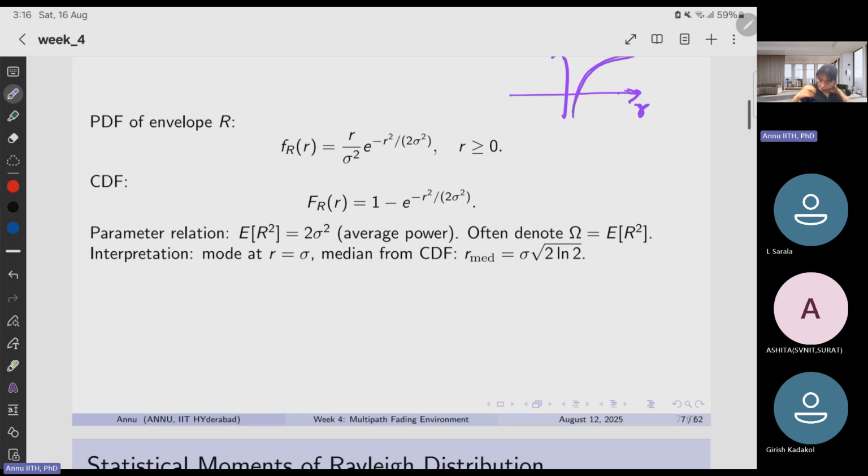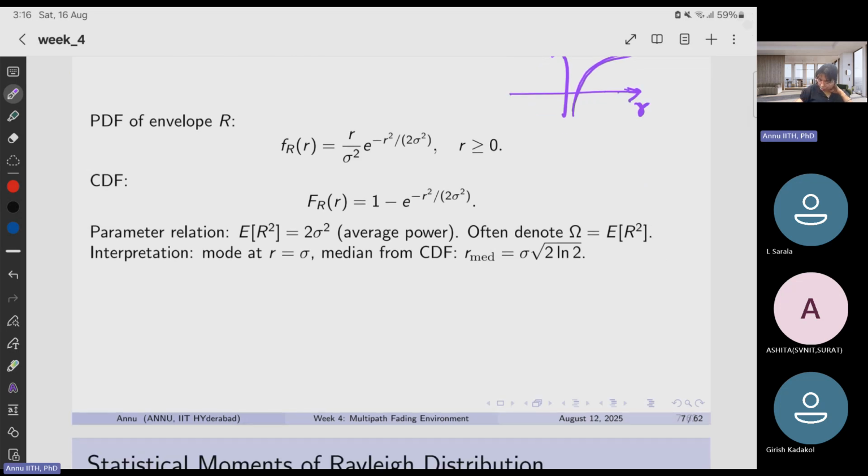And if you integrate it, then you'll get the CDF, with integration from minus infinity to x of f_R(r) dr. Then you'll get this: 1 minus e to the power minus r squared divided by 2 sigma squared.